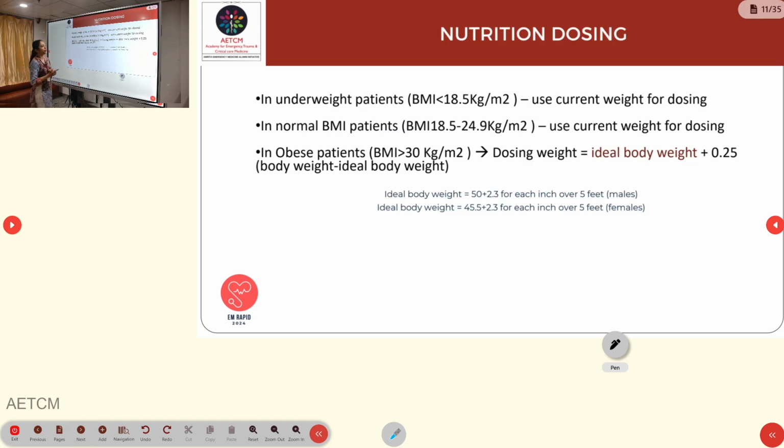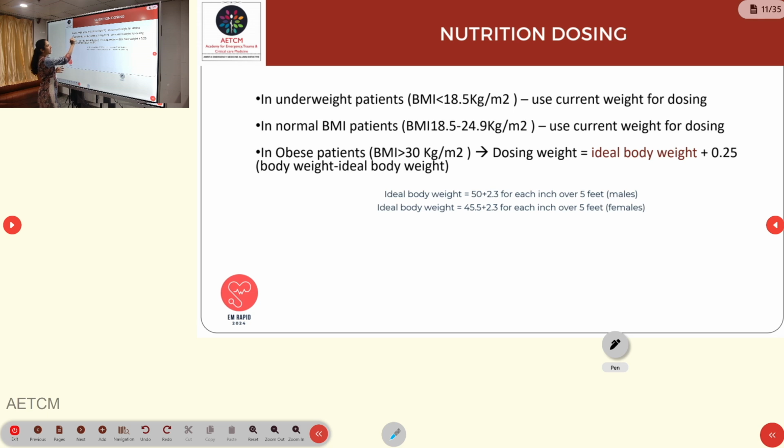So nutrient dosing. As I told, the nutrition dose can be calculated using different methods. We can use predictive formulas to calculate, or we can plan based on the patient's weight. We were mentioning that we will be giving 25 to 30 kilocalories per kg per day, or protein 1.2 to 2 grams per kg per day. So what is that kg, that weight?